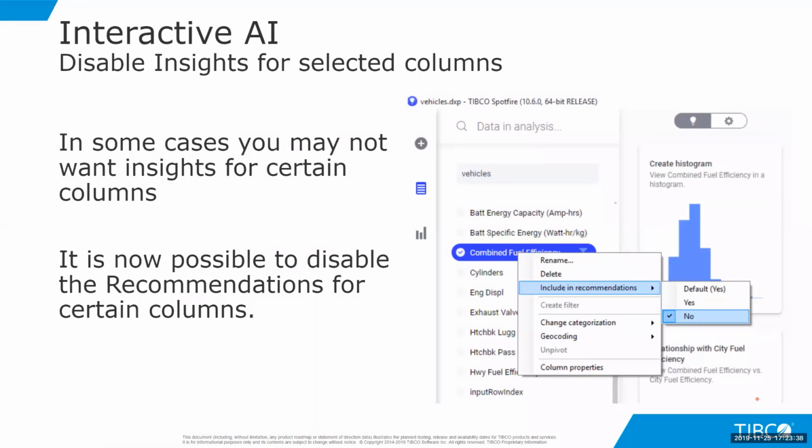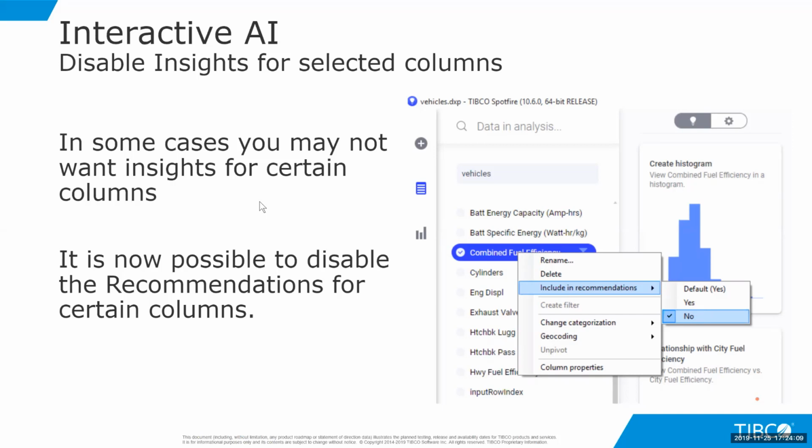And there is also another capability that we added related to interactive AI and these automatic insights in Spotfire 10.6. And that is the ability to exclude columns from the insight calculations. So essentially, you just right-click in the data panel and select include in recommendations, and here you can toggle between yes or no, or put it to the default.